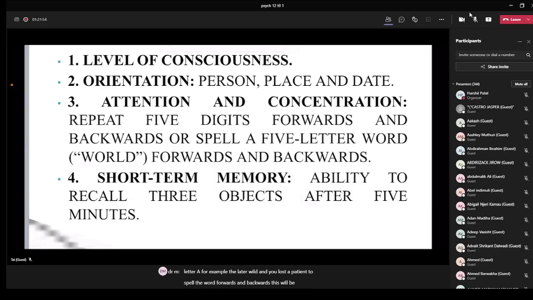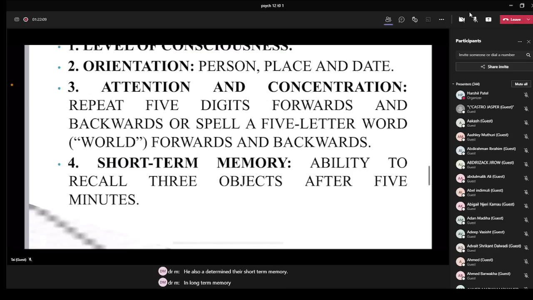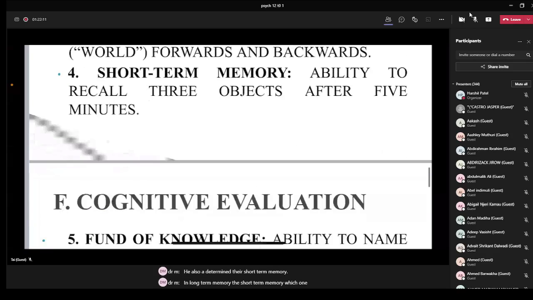This will give you an idea of how well they are able to concentrate, how attentive they are. You also determine their short-term memory and long-term memory. For the short-term memory, what you want to find out is the ability to recall 3 objects after 5 minutes.